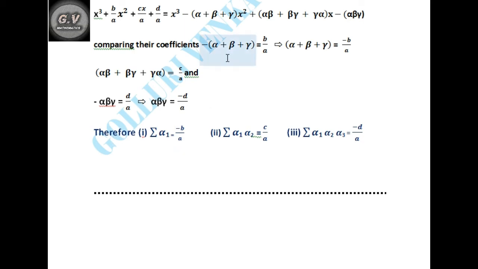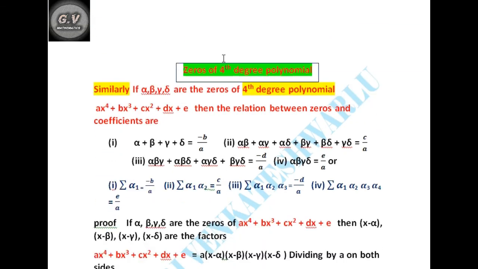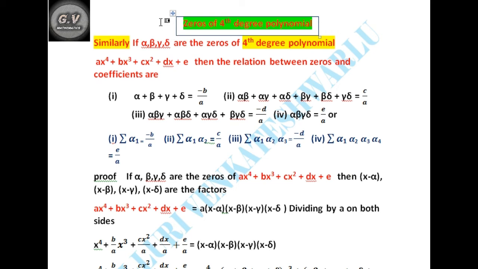So now, finally we are deriving the relations between zeros and coefficients of the fourth degree polynomial. The standard form of a fourth degree polynomial is ax to the power of 4 plus bx cube plus cx square plus dx plus e.